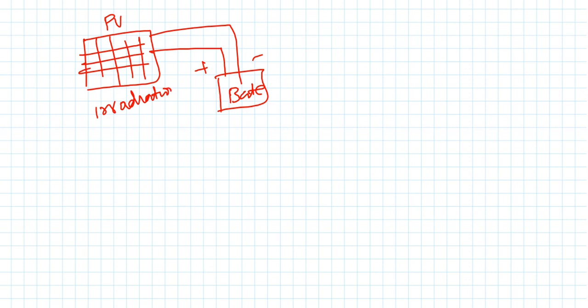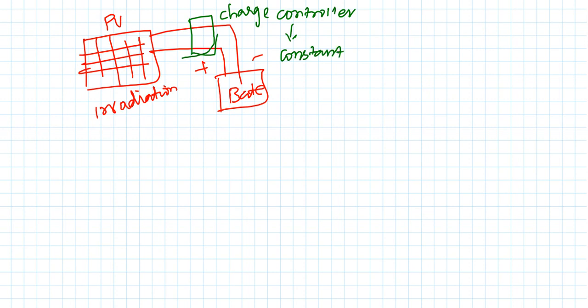So here we have to place the solar charge controller between the PV panel and the battery, because the solar charge controller enables constant current and voltage, and constant current enables the charging of the battery.